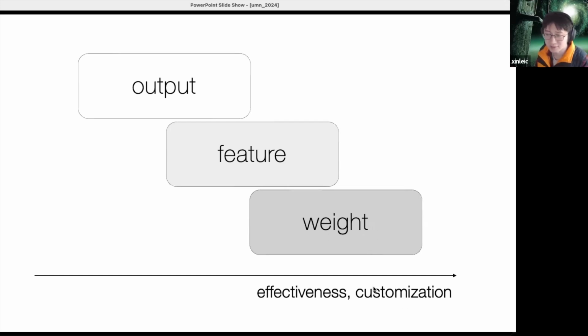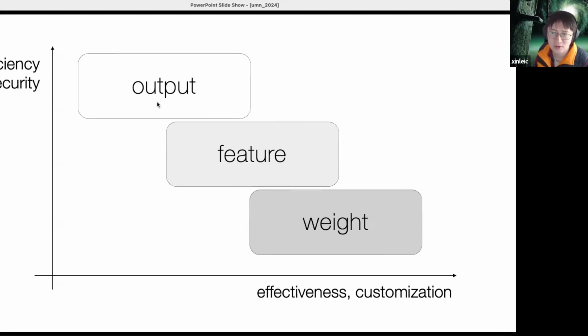We can customize it for very different tasks, and it can be more effective specifically for that task. But on the other side, there's also efficiency. So if you just freeze the model to compute features, it's more efficient. There's no training involved. If you just get the output, it's also very efficient.